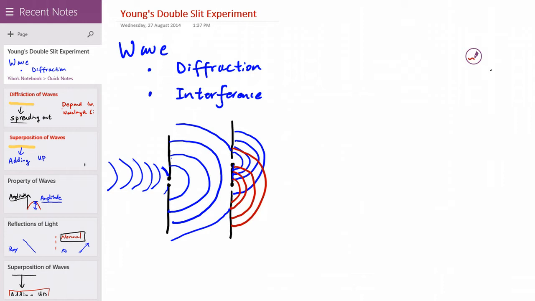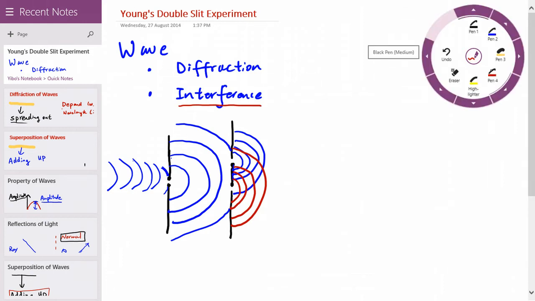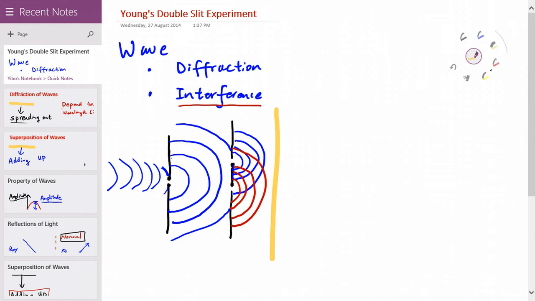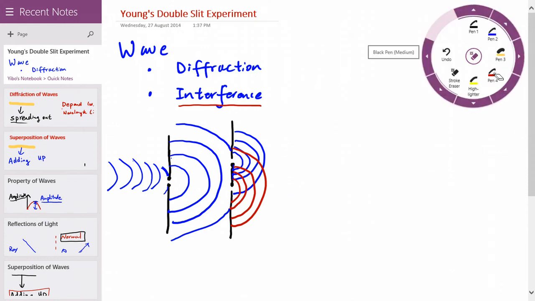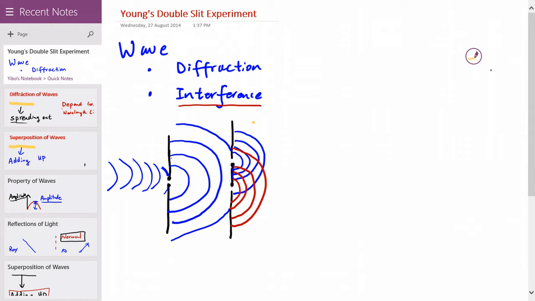Then we have interference. What happened next is he put a wall on the side, like this.